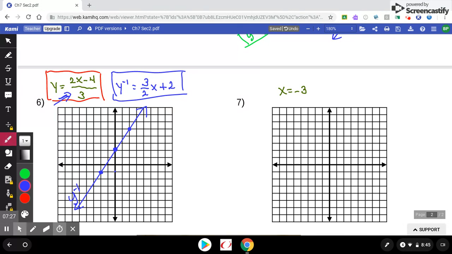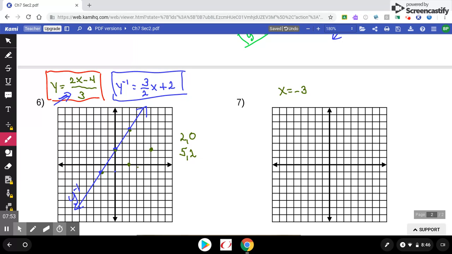So again, all I have to do is flip-flop the coordinates, and I got myself an inverse. So original set of coordinates I graphed right here, that's 0, 2. I'm going to graph 2, 0 instead. This set of coordinates up here is 2, 5. I'm going to flip it, graph 5, 2 instead.